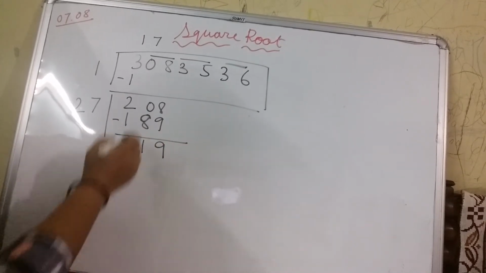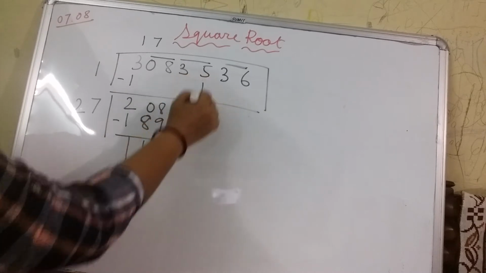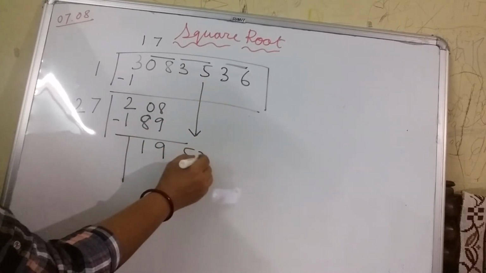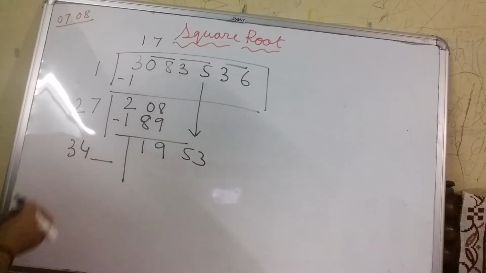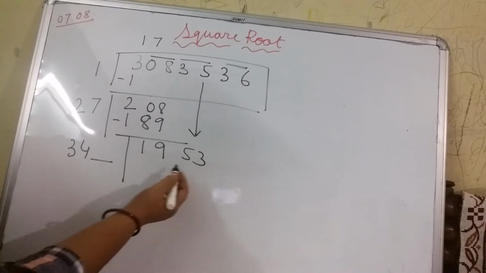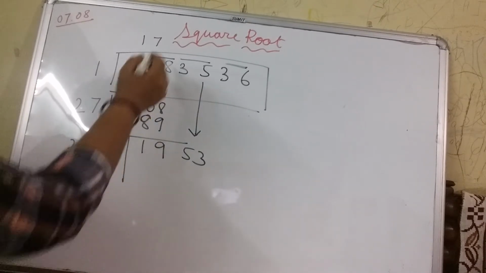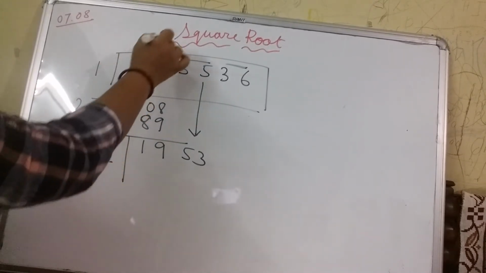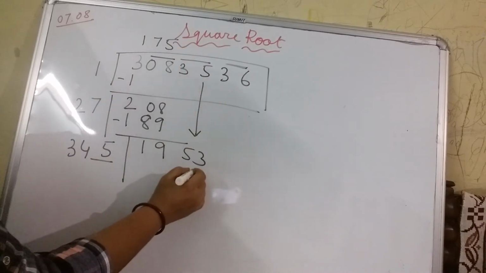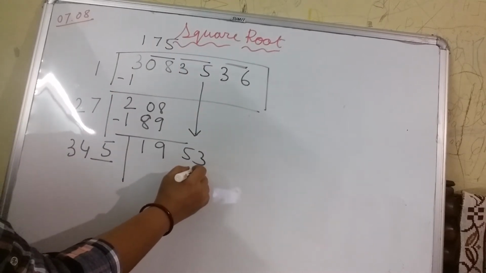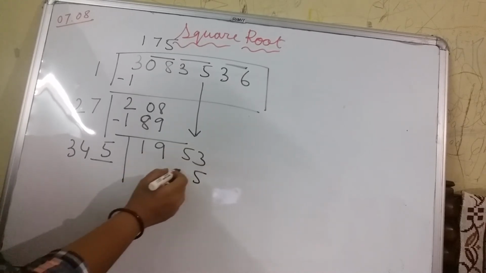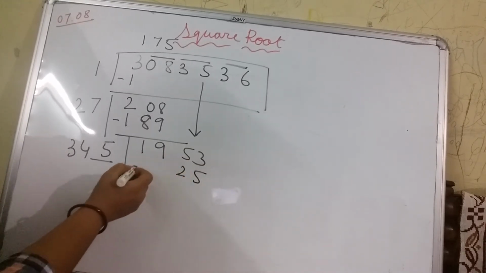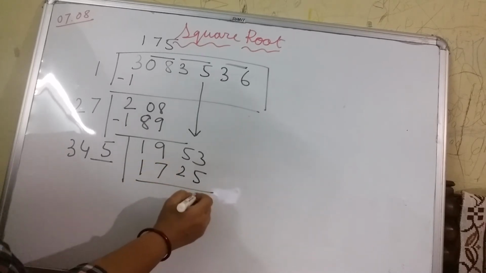Now 19, next step is the 53 will come down, 17 twos are 34. You have to put a number here, okay. So you can put 5 here, 5 fives are 25, 5 fours are 20, 17, okay.